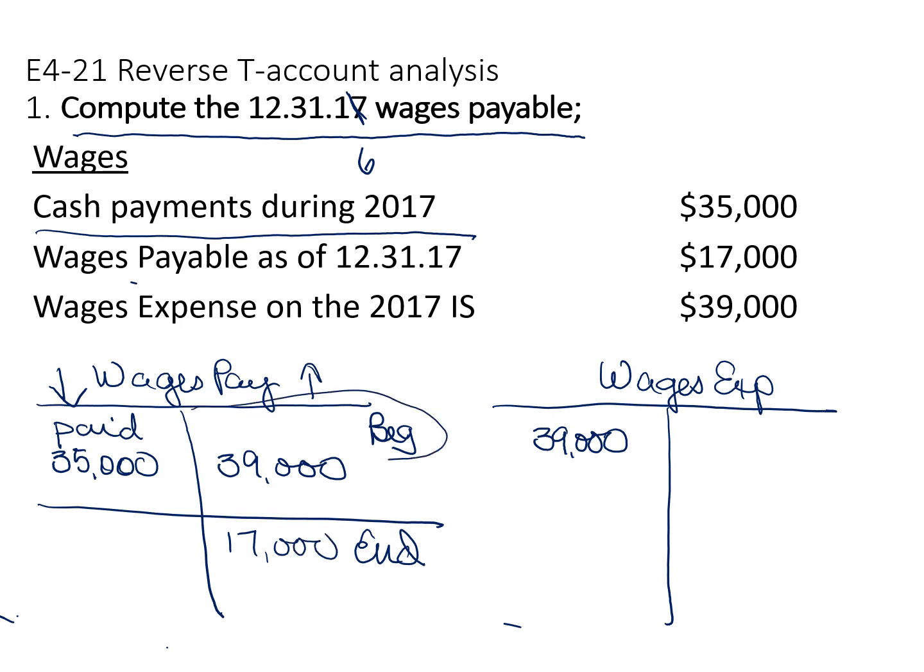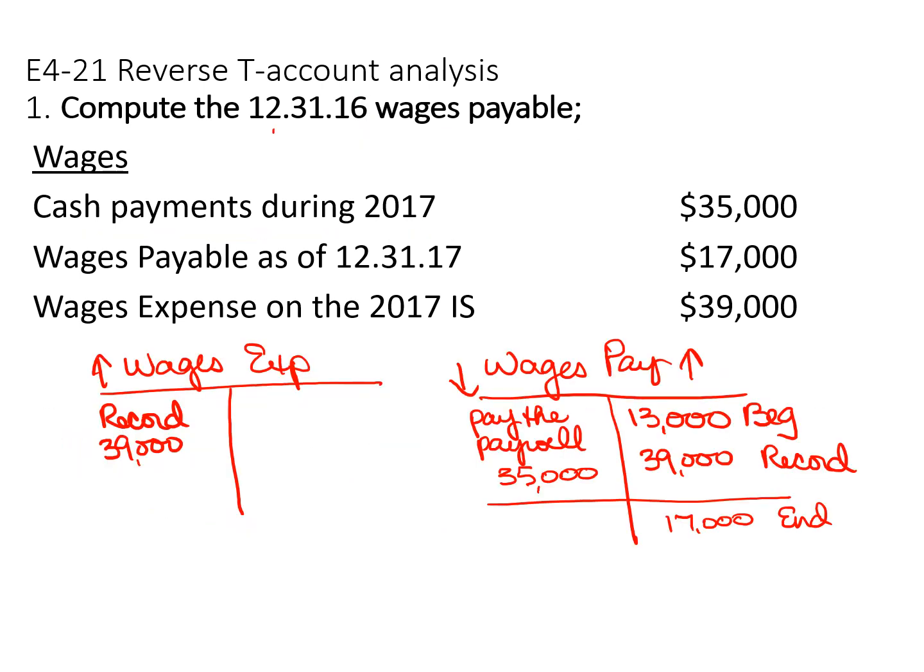So through the glories of math, I could find that beginning balance because that's the only stuff that can happen in that account. All right, so I'm going to leave it to you to figure out what that amount is, and when you're ready, forward the video.